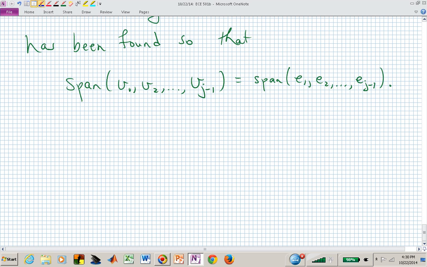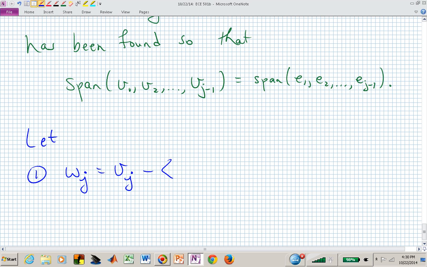Now let's create the next piece of this construction, and we'll actually do that in 2 steps. First, let's just find an intermediate vector w, let's call that w sub j. So that now we have v sub j, and we want to take away from that pieces of our earlier basis vectors.